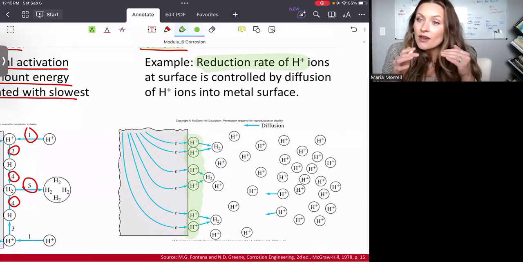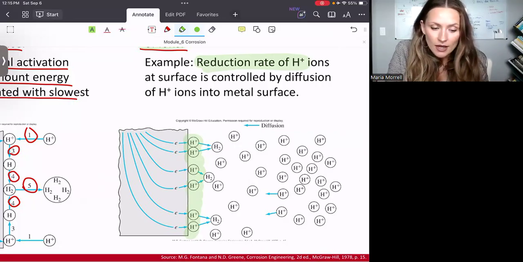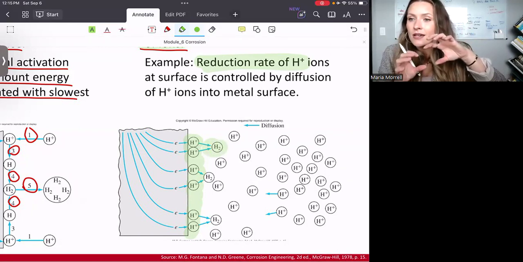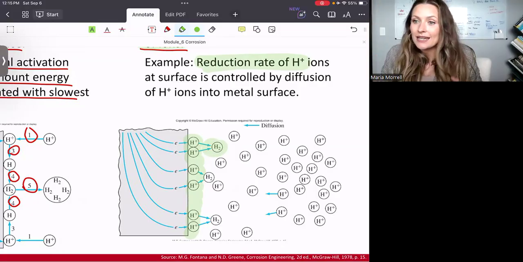And we always have an abundance of electrons. As these hydrogens are consumed, meaning the moment this scenario happens, once these hydrogen cations are consumed, the area is depleted.